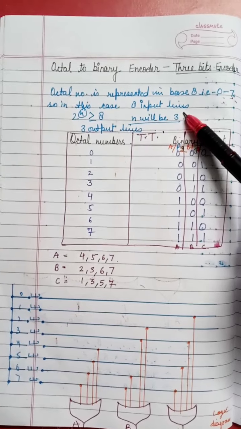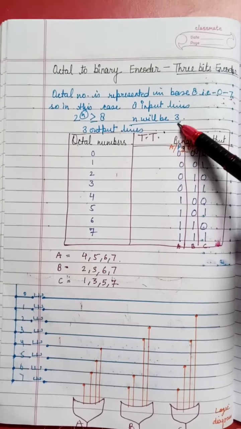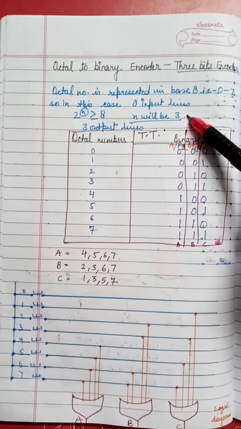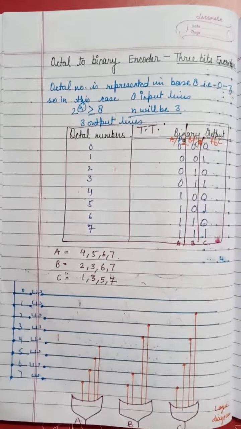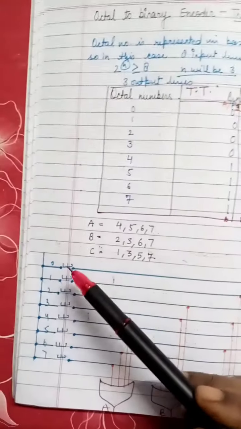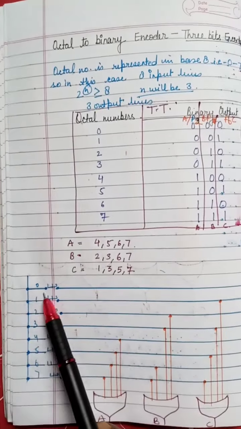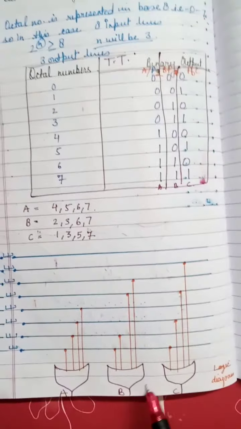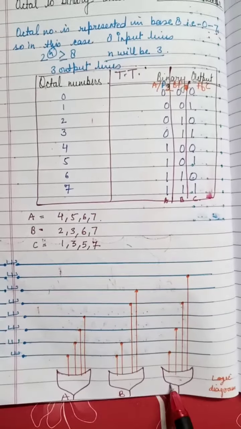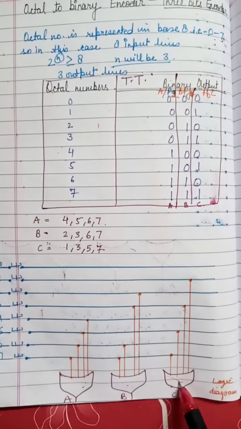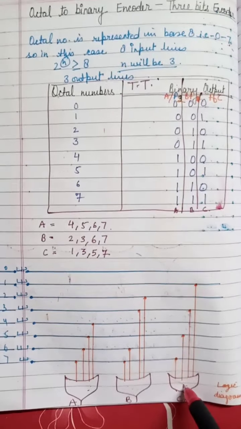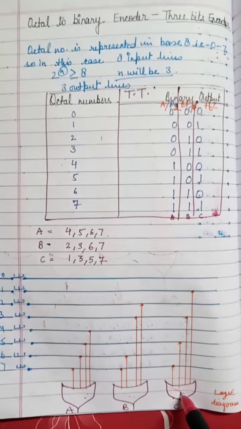So there will be 3 output lines, meaning 3 OR gates and 8 input lines. You will be making 8 input lines and 3 output lines, or you can say 3 OR gates, in the logic circuit diagram. Fine.